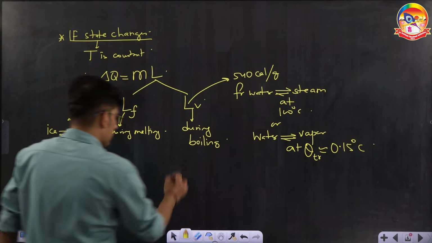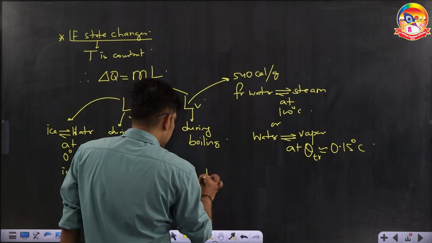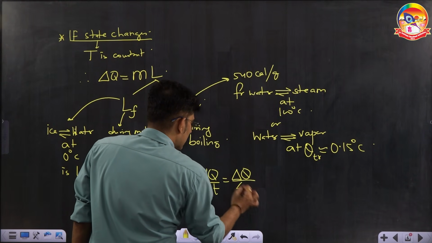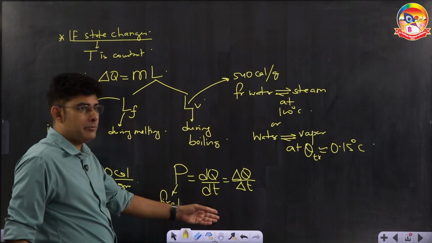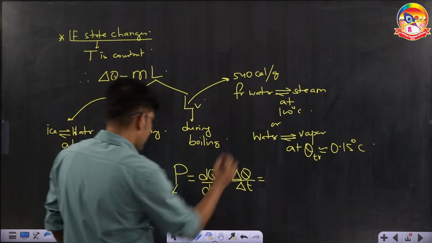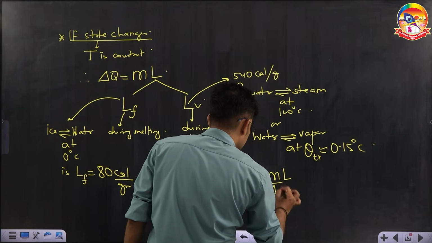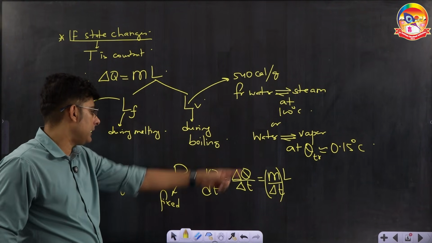Now in this case, if again we talk of power, the heat supply, if we write it as dQ by dt or delta Q by delta t, if it is fixed, then both the rates, instantaneous and average rates, will become same. So we can write it as mass into latent heat by delta T. So mass by delta T into latent heat.